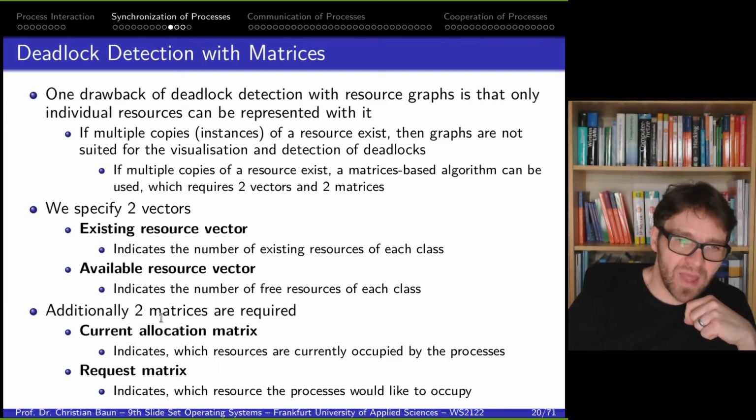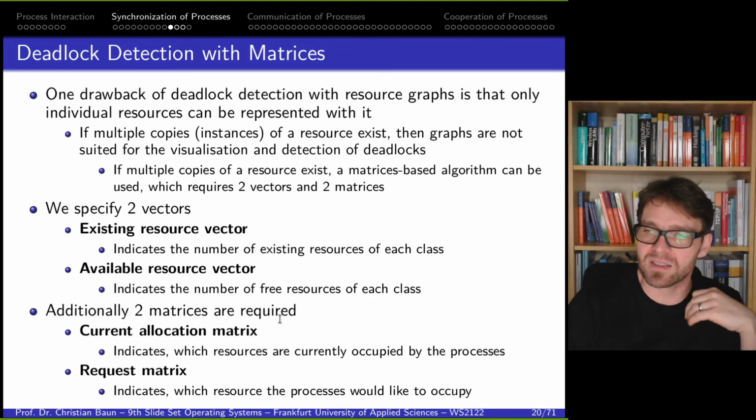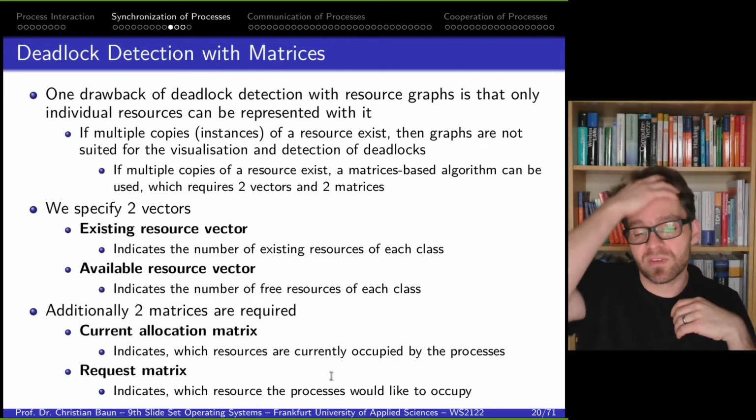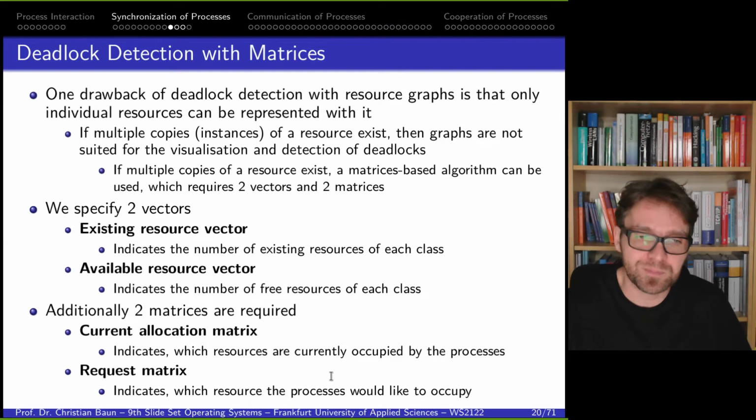Next we have two matrices. One is the current allocation matrix, so it will tell us which processes occupy which resources and how many of them at this moment in time.